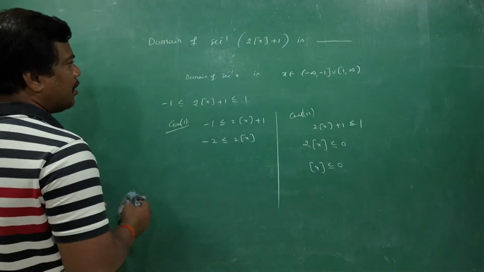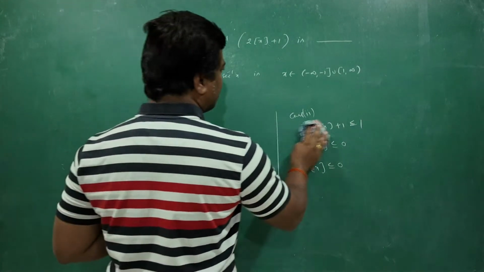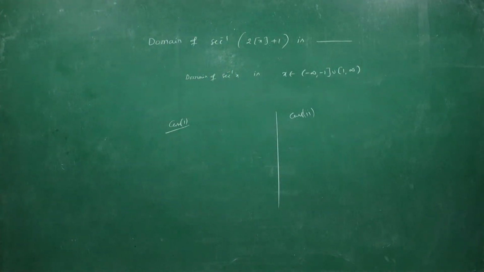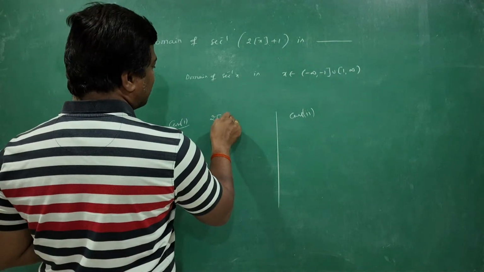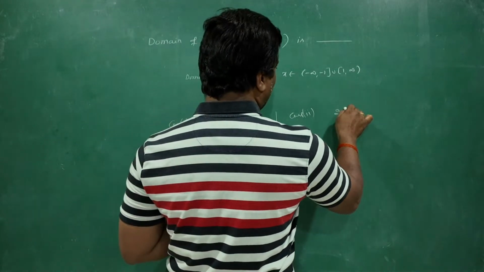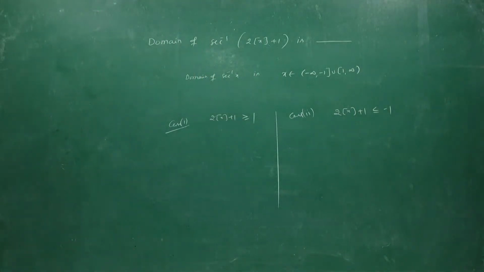So first case, 2 times of step x plus 1 greater than or equal to 1. 2 times of step x plus 1 less than or equal to minus 1.